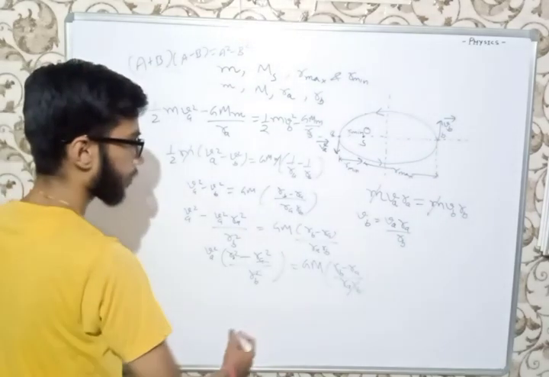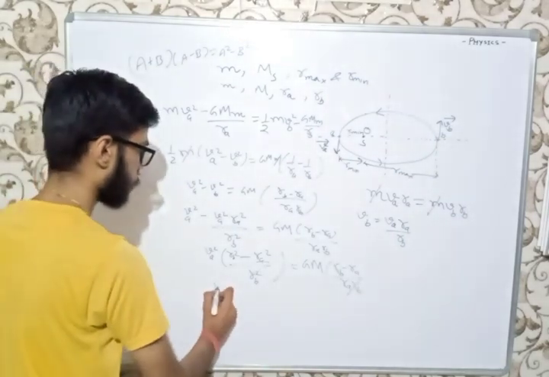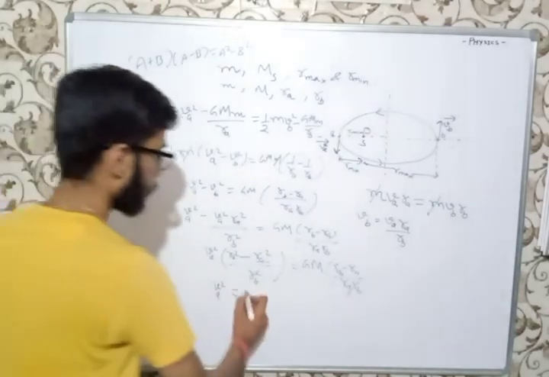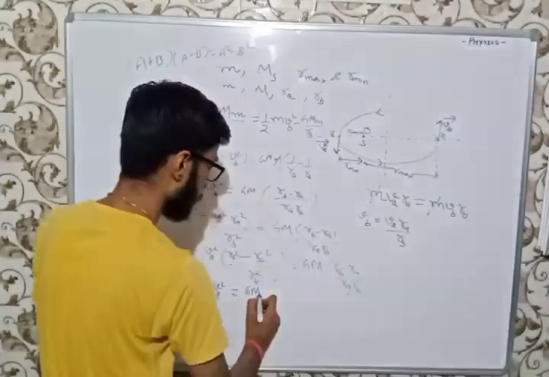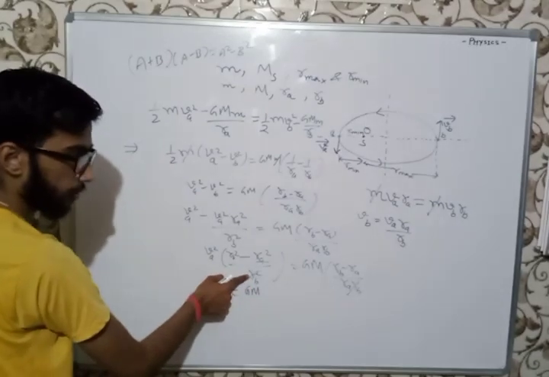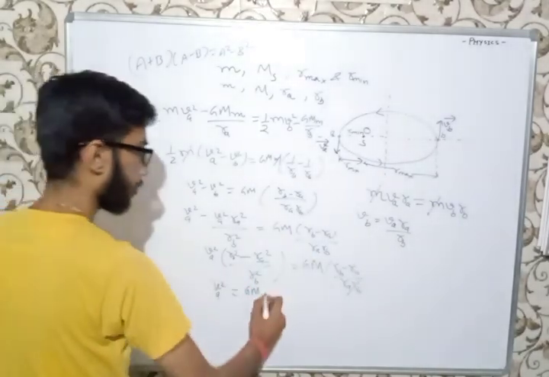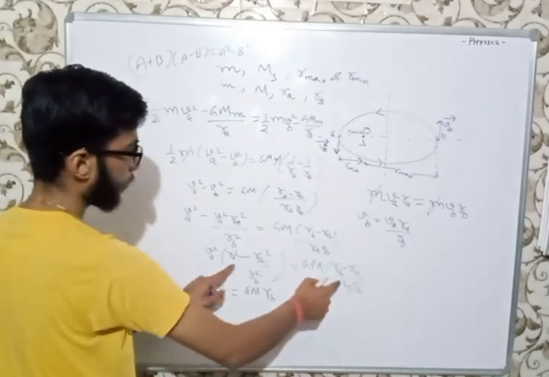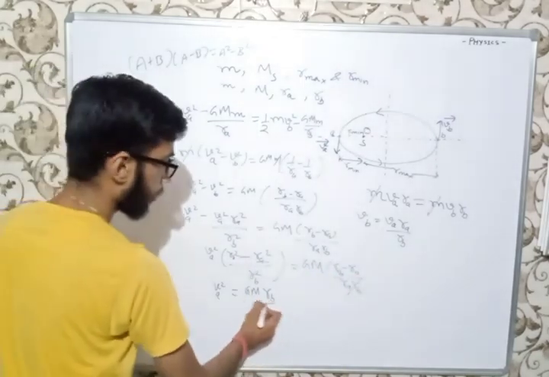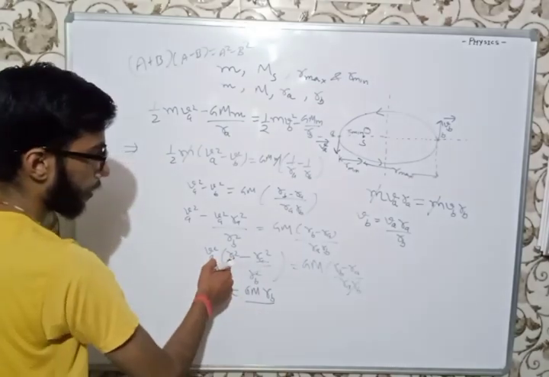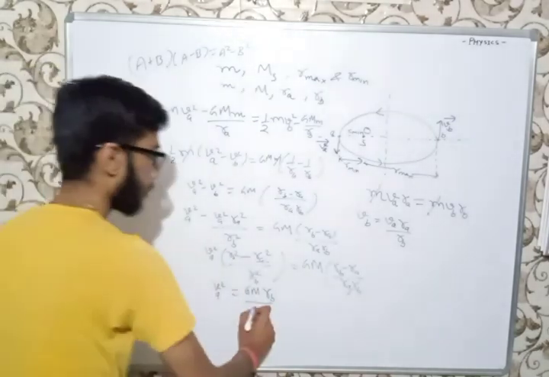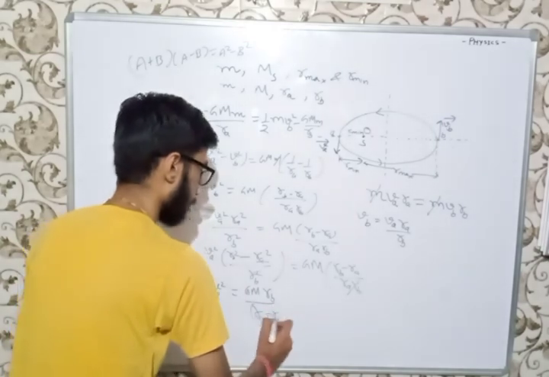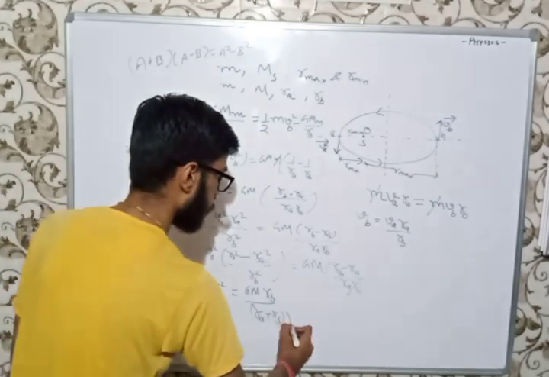So I will get VA square as GM. There is one RB there, it will go there into RB, and RB minus RA will cancel each other, and RA plus RB will come here. So it will be RA plus RB.